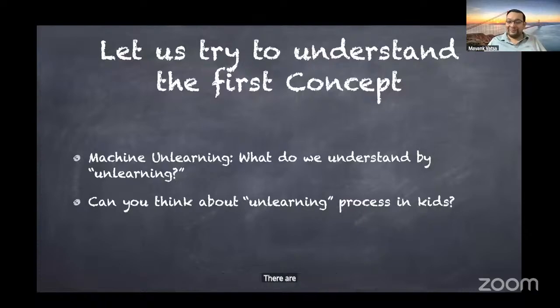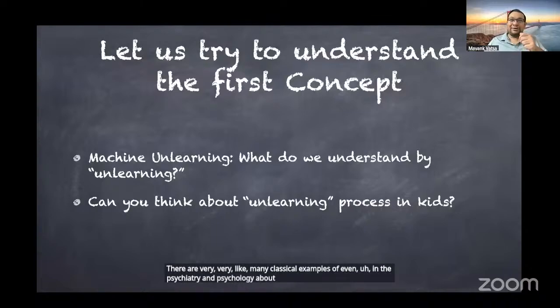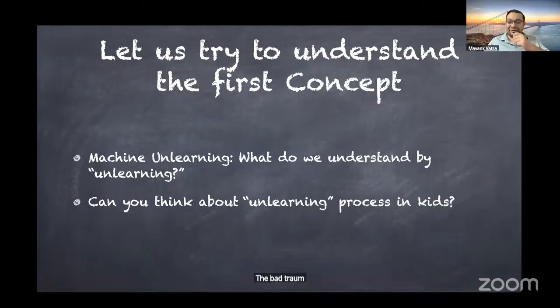There are many classical examples in psychiatry and psychology about how to help a kid forget a bad trauma or a bad memory. So it's an unlearning of a selective part, not retraining from scratch again.